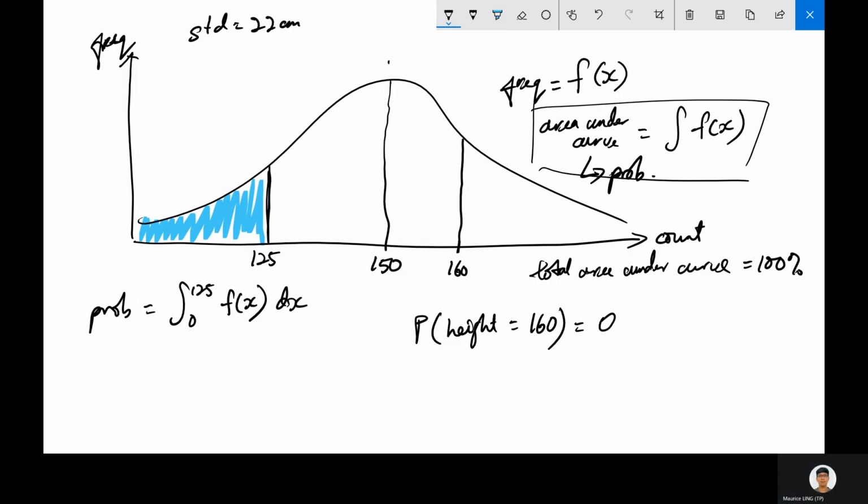Mathematically, why? Because what happens when you do this? 160, you minus off, it becomes 0. A single line has no area.